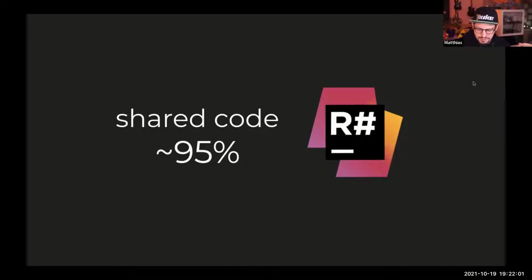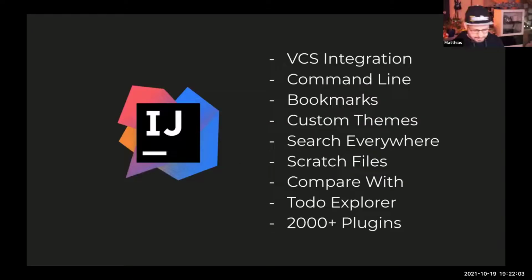And that leads me to my next slide, which is we also heavily share infrastructure and features with the IntelliJ platform. And that is just insane. It always amazes me, I hope it amazes you too over the time when you're already using Rider.